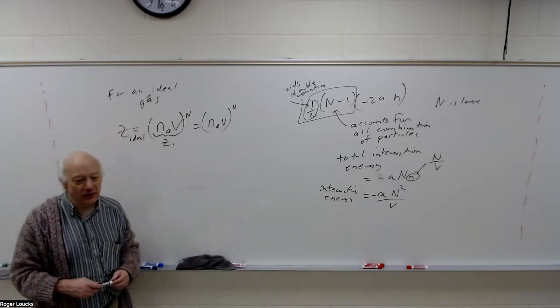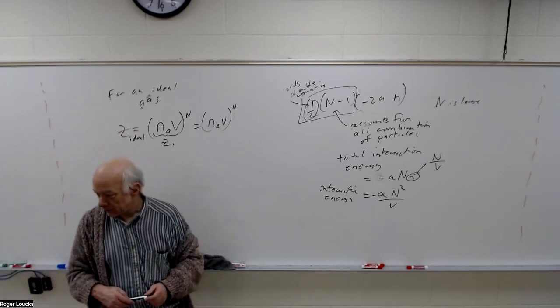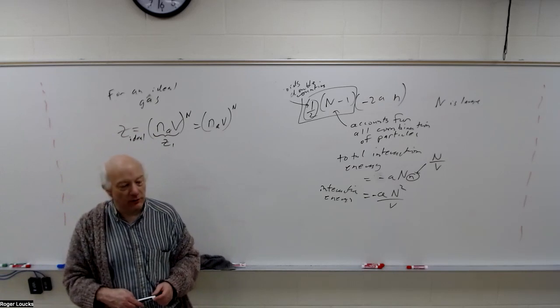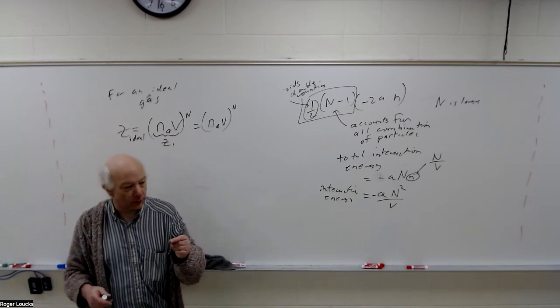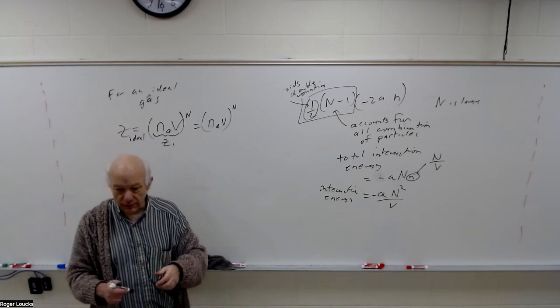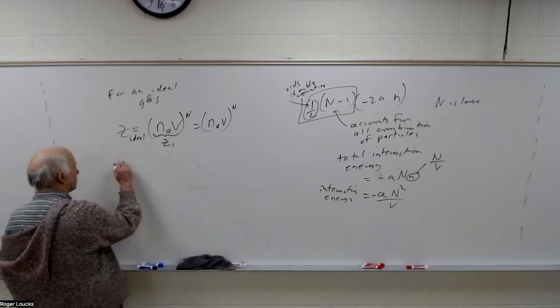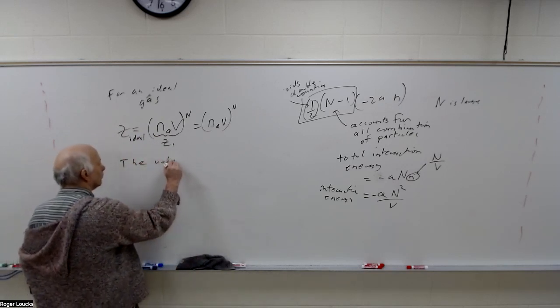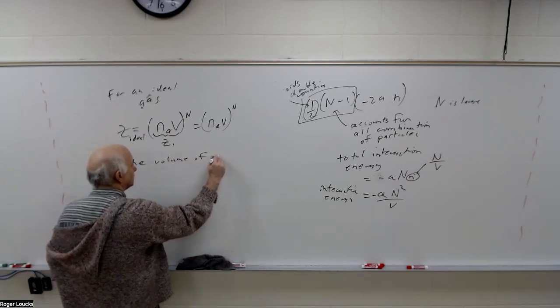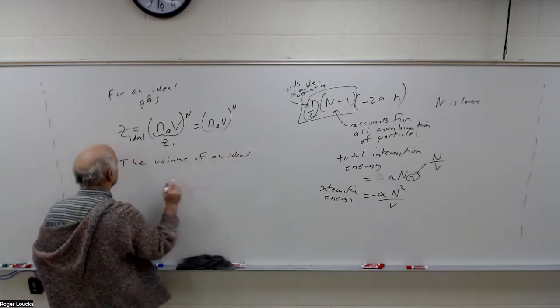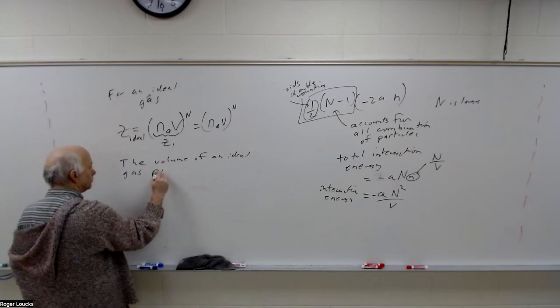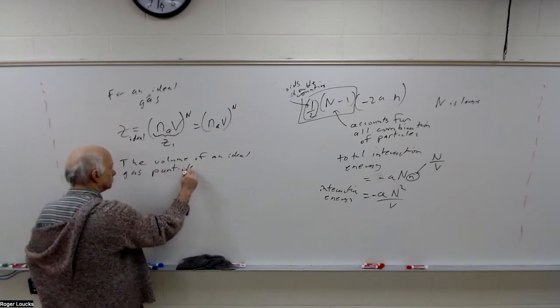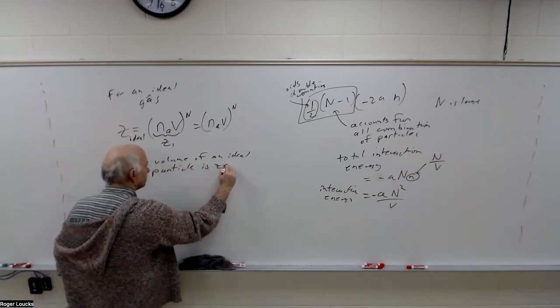Okay, now there's another assumption we made for the ideal gas. For the ideal gas, what do we assume is the volume of any ideal gas particle? Nothing. So the volume of an ideal gas particle is 0.